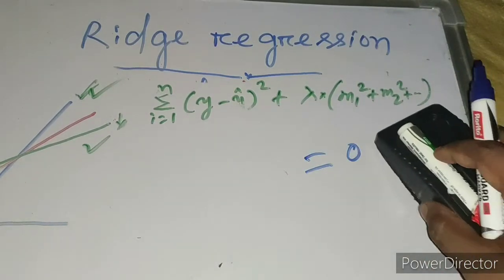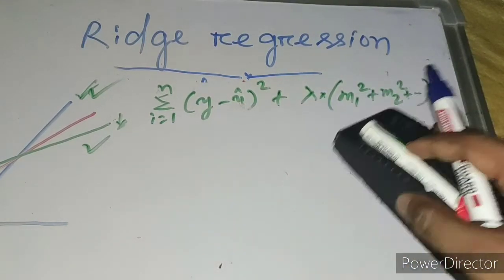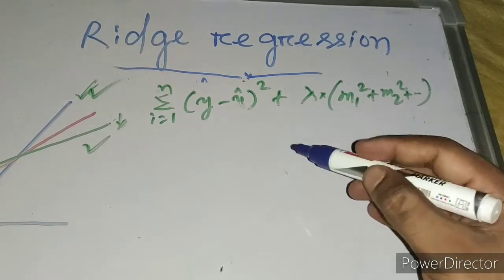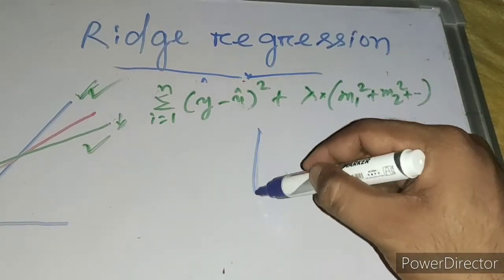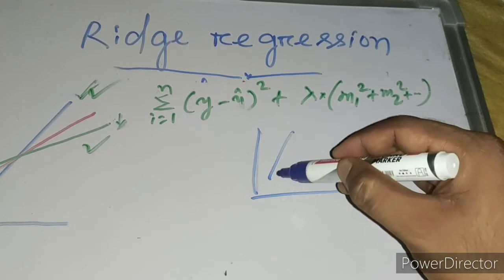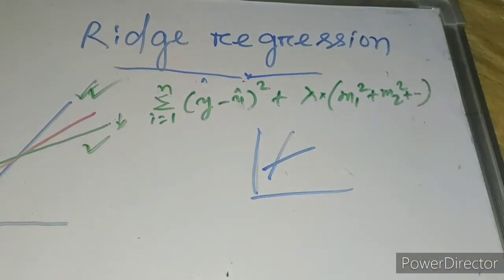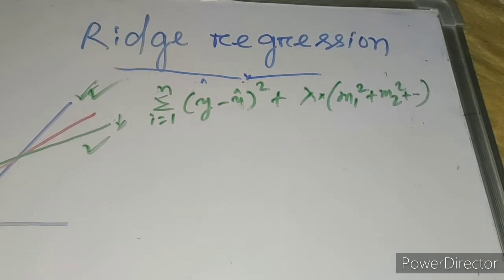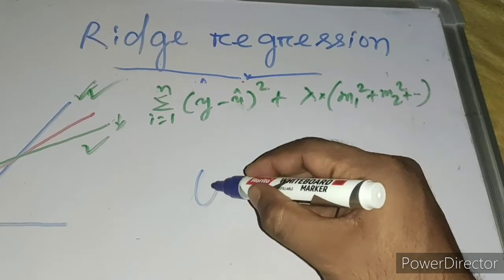It is something nearer to 0, not exactly 0. That's why the stiffness is reduced here. But we have to understand about lasso regression. Now let's understand about lasso regression.